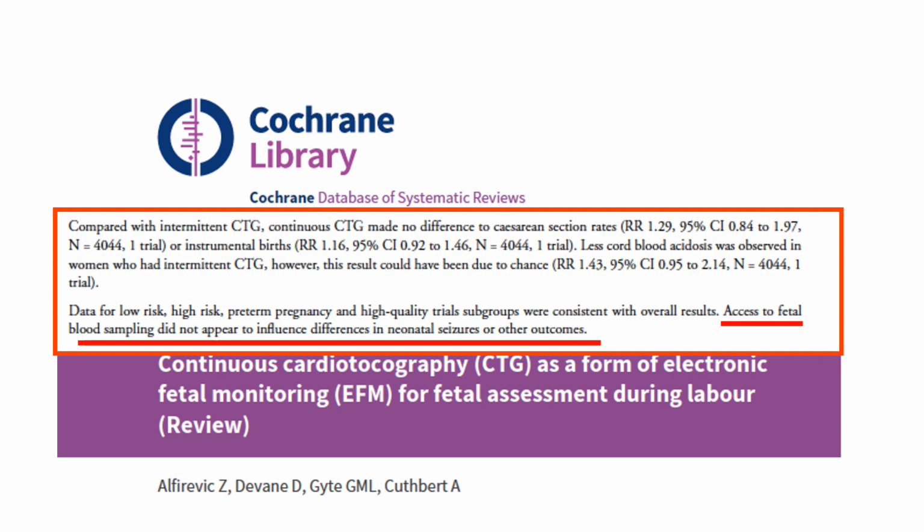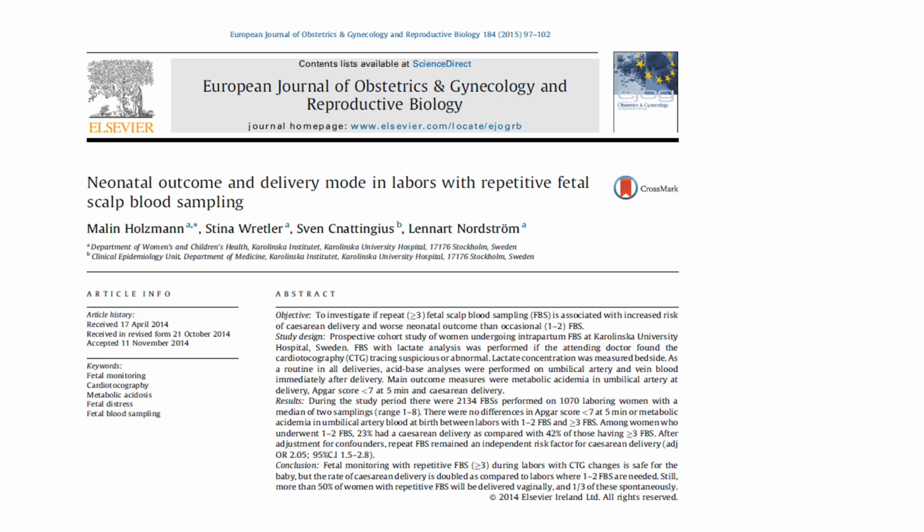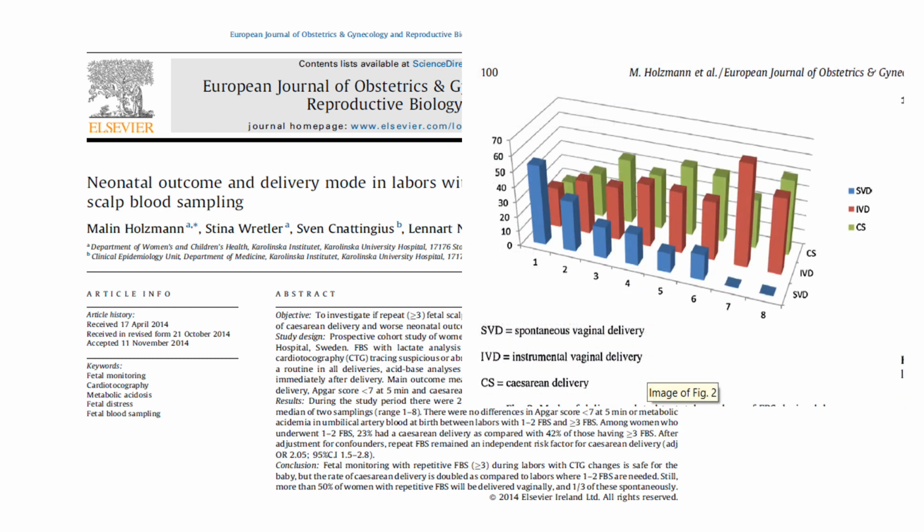All of them have shown that access to fetal blood sampling did not appear to influence any difference in neonatal seizures or any other outcomes. In fact, this paper from Sweden actually showed that using more than 2 fetal blood samplings doubles your cesarean section rate and operative vaginal delivery rate.